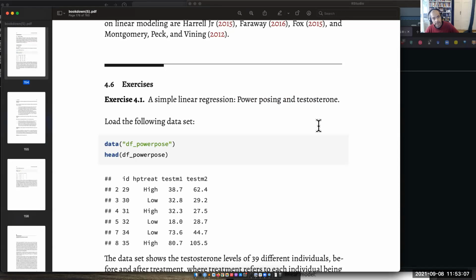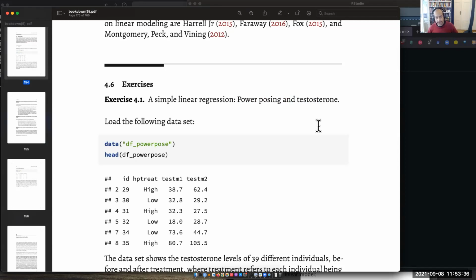So there's a very famous TED talk in which the researcher claimed that, before a job interview, what you should do is stand in front of a mirror like this, in a power pose for 2 minutes. And what that will do is increase the testosterone level in your body and lead you to perform much better in the job interview and so on.